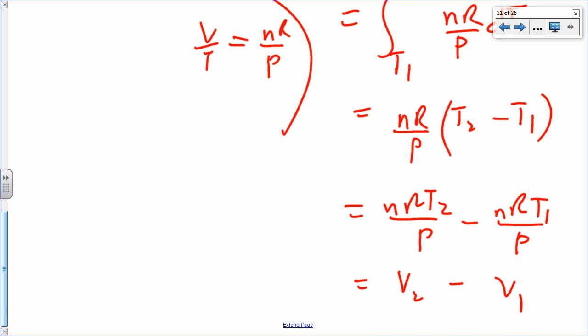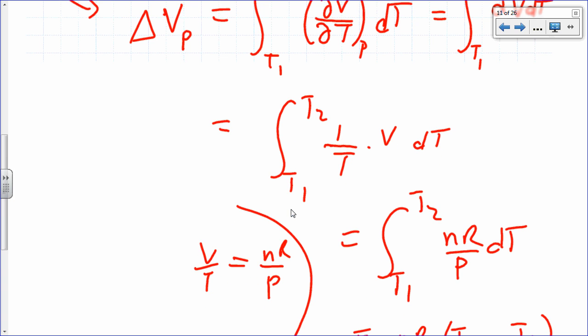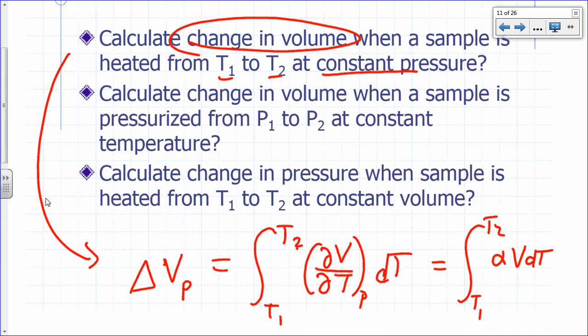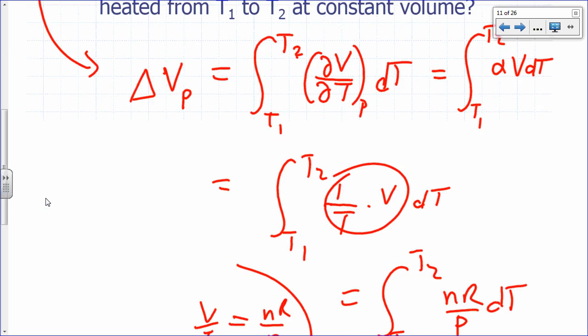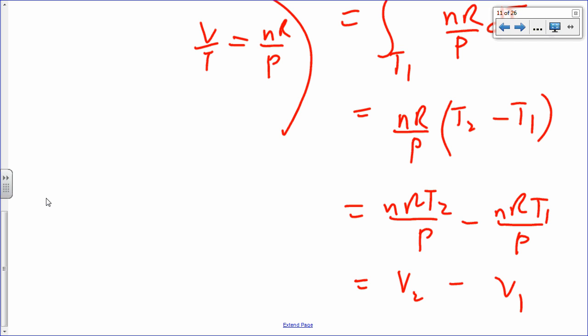So if you know that derivative, you can just plug that derivative directly in here. You have a derivative as a function of temperature. What about, what's the change in volume? So look at this formula down here. You don't need to actually calculate your volume, right?